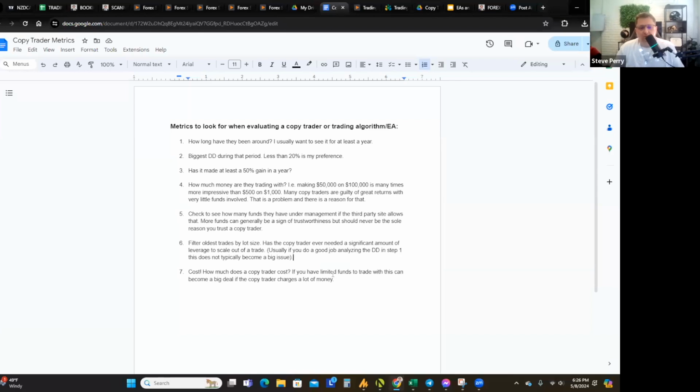Now here's the thing though. In my opinion, this is just me talking here, if you stay true to that 20% drawdown or less, this usually does not become a huge issue, because they've done a very good job at managing risk in the first place, so they've probably not needed to use a lot of leverage. This is usually a problem for copy traders that have drawdowns much higher than that.